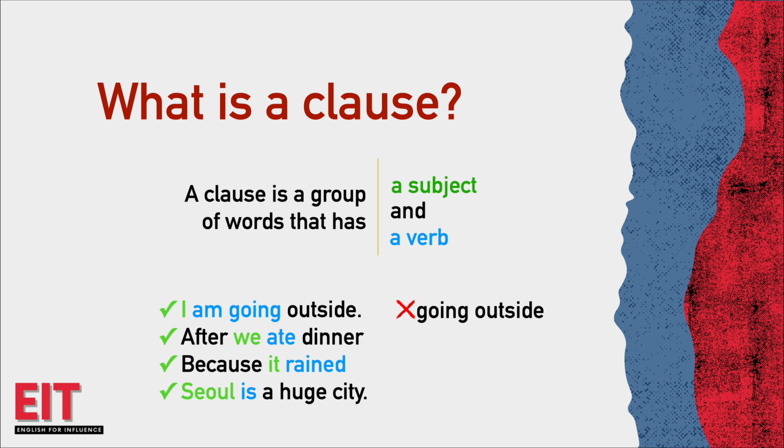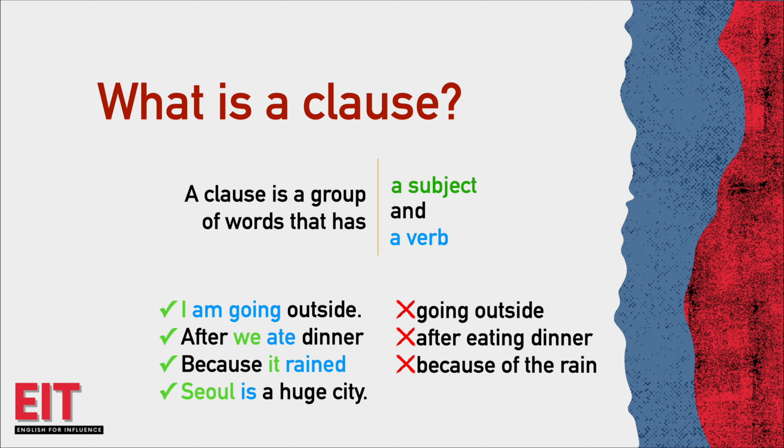This is what we call a gerund, which we're going to be learning later on. After eating dinner. So you also have the preposition after, but the same. You don't have a subject and you don't even have a verb. Eating is not a verb, it's also a gerund.